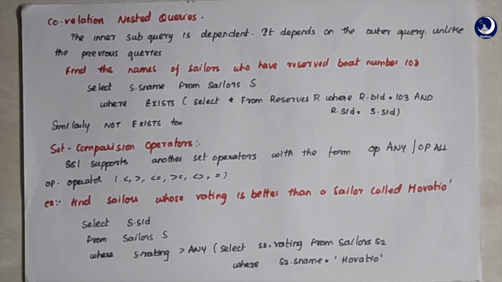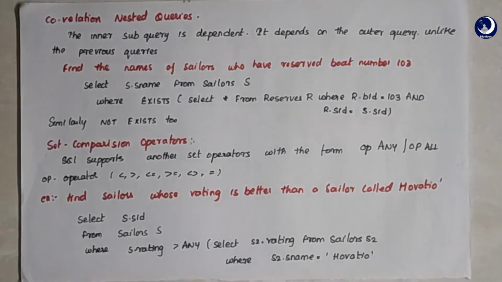We want the rating of any person greater than this so-called person. So this is how we use this construct, an operator followed by ANY, to find greater than any, less than any, greater than or equal to any, less than or equal to any, this type of questions. I'm just taking a few examples to make it simple, but this can be applied to any different situation, any different type of question you want to ask the database.